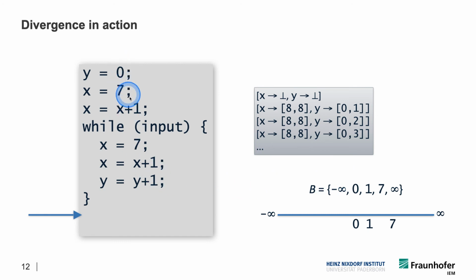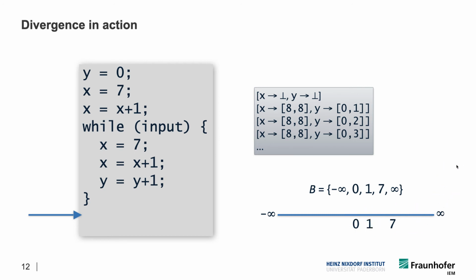So like I said, we take the integer constants that are part of the program, plus minus infinity and positive infinity, which gives us these values here, right? 0, 1, and 7, and the other boundaries.